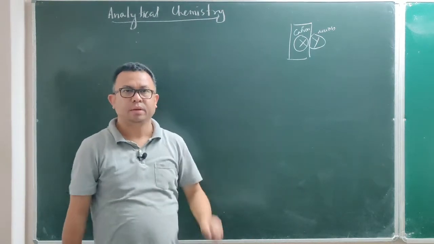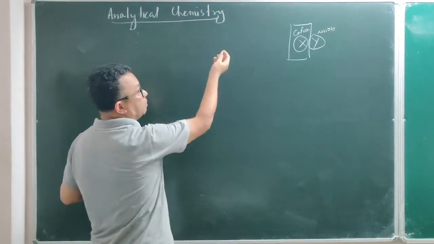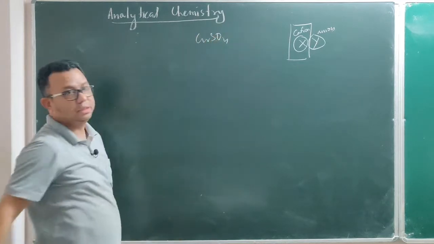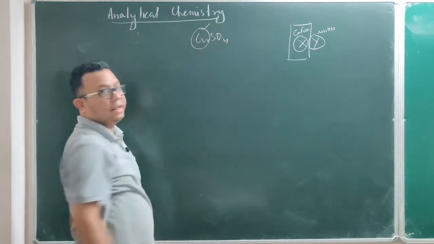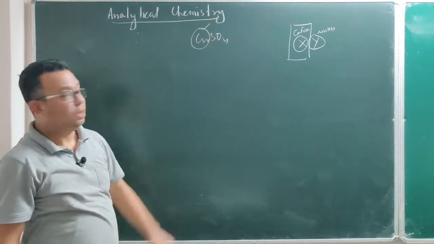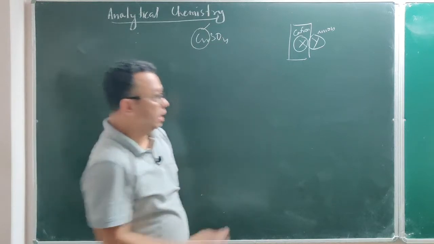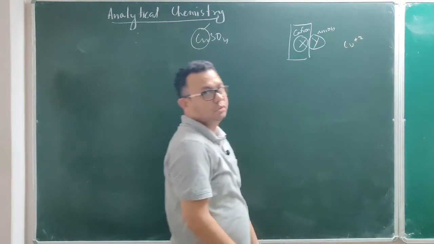Now for any cation, for example, if I write one compound, the most common compound in this analytical chemistry is copper sulphate. Since we are testing the cation, we are testing copper. Let me write down what these 6 are. They are the copper cation, 1.